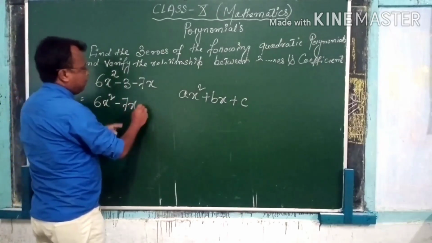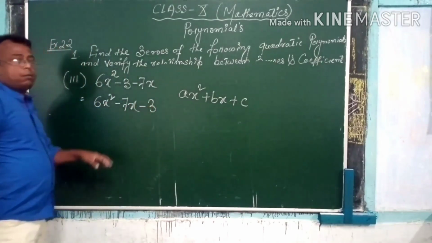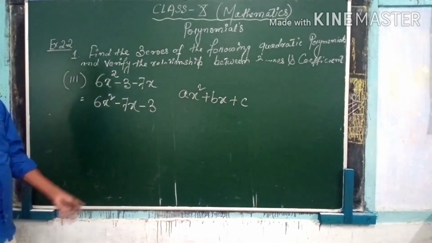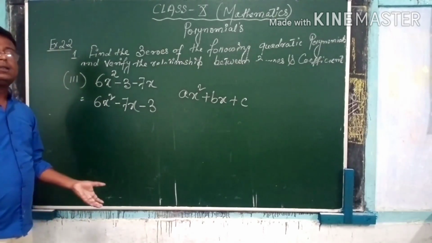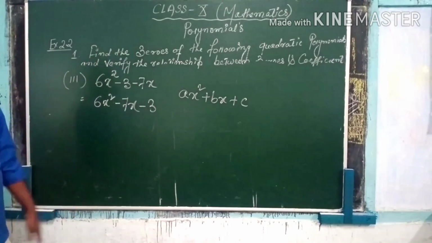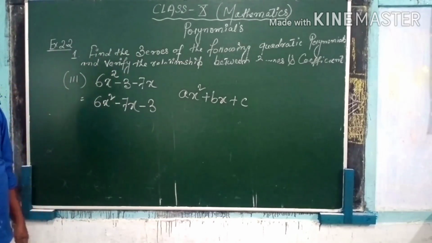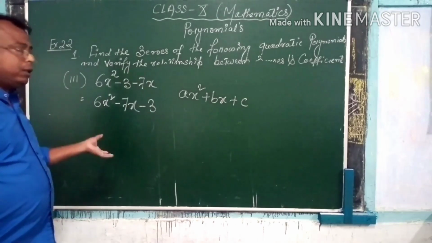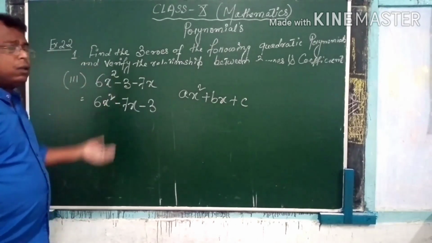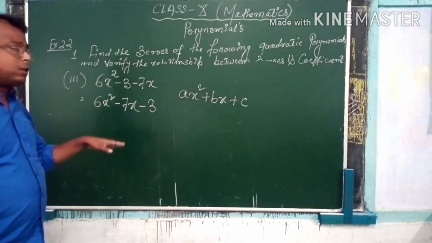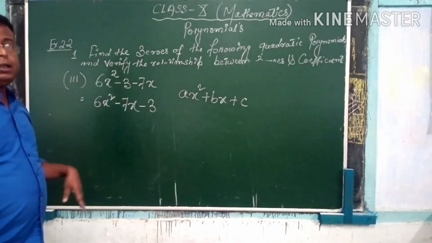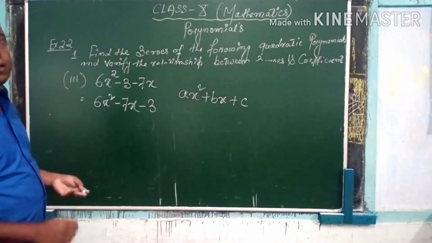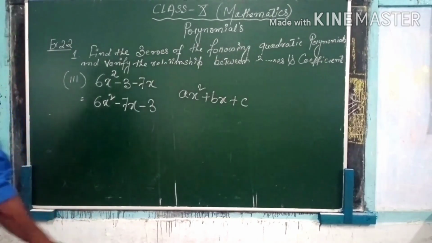Now it is in standard form. Now you can do this question by the splitting the middle term method to find the zeros, and then verify the relationship between the zeros and the coefficients. You can do this at home, and please send me the solution on my personal WhatsApp number, and I will check whether your answer is correct or not.